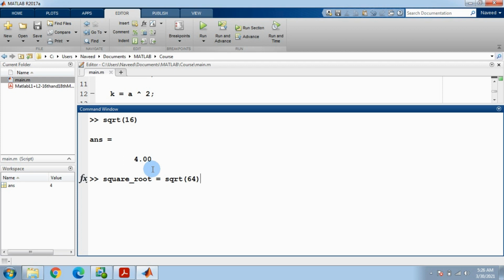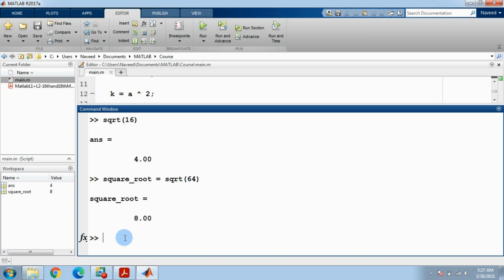So here again, if I terminate with a semicolon, then the square root would be assigned to this variable, but it won't be printed. But if I remove this semicolon, then hit enter, now it is executed. The result is assigned to this variable square root, and it is also printed to the command window. So as expected, the square root of the number 64 is 8.